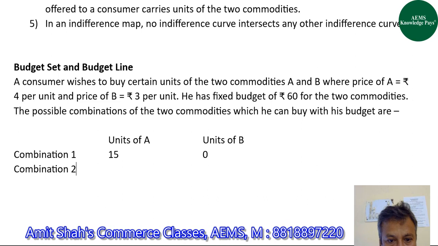15 units of A, and we know that each unit of A is rupees 4, so 15 into 4 is 60, then the entire budget will go only to buy commodity A, right?